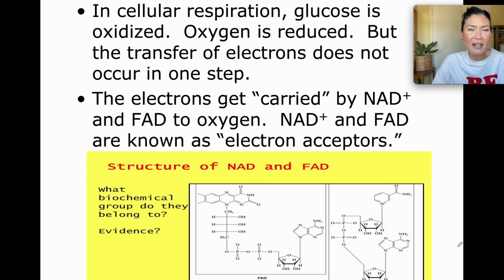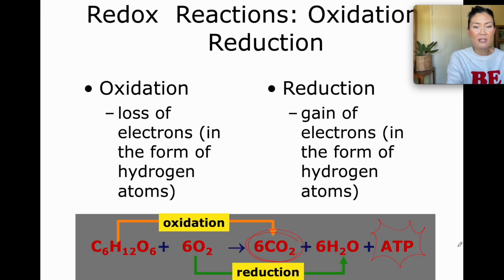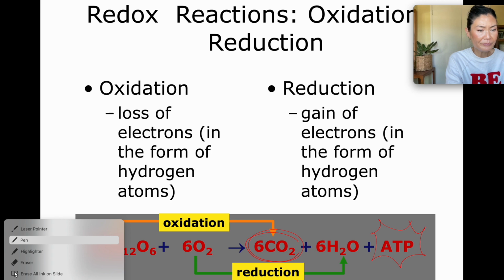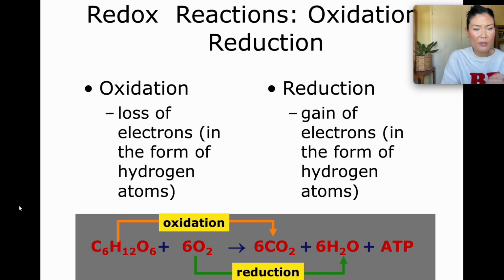So earlier I had said that electrons are being moved, right? Electrons are being moved from glucose to oxygen. How does that happen? Is it just a one-step process? No, it's not a one-step process, okay? It's actually a multi-step process. So let me just go back to this diagram that shows you the equation for cellular respiration.